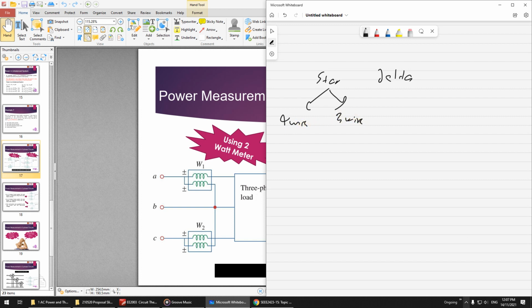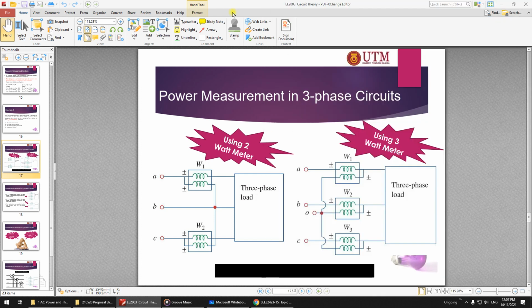Delta is of course always 3 wire. Because the measurement of the power is done through the phase and not the line, you can measure the power easily with 4 wire because you have the neutral wire here.